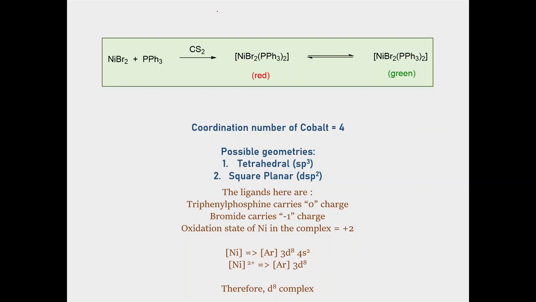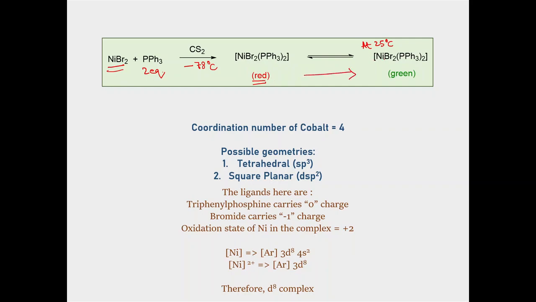So in this question, it is given that NiBr2 is reacting with two equivalents of triphenyl phosphine in CH2Cl2 and at minus 78 degrees Celsius, this compound is forming NiBr2(PPh3)2, which is red in color, but at 25 degrees Celsius, we can see the change of color from red to green.